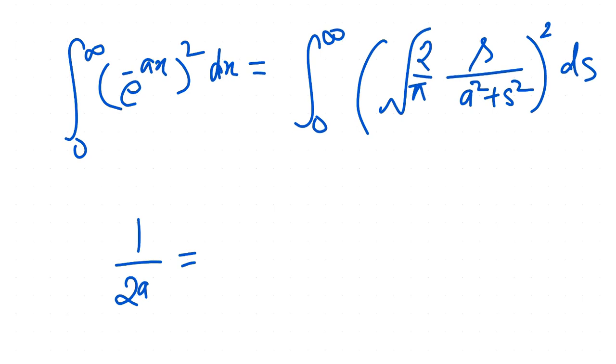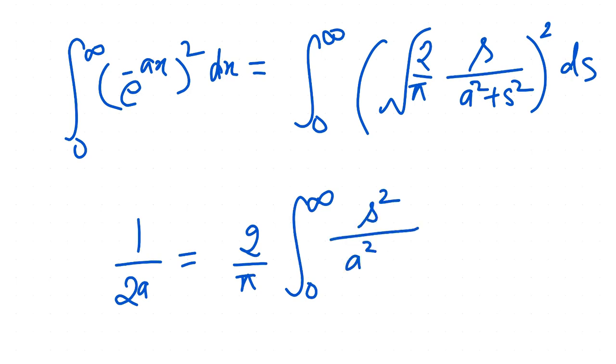And here we can take this outside the square root. So we can take 2 over pi, and inside we have integration from 0 to infinity of s square over a square plus s square whole square ds.